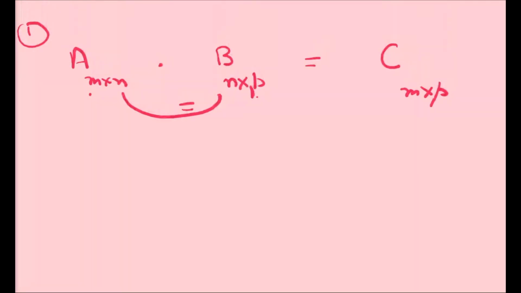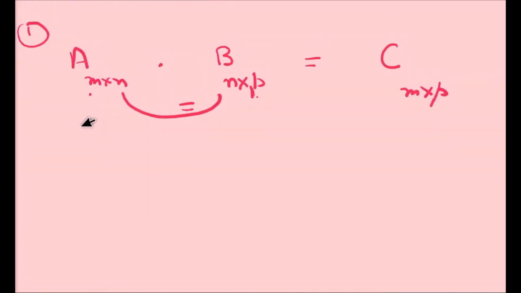Now what do you have to check, tell me? The number of columns of A should be equal to the number of rows of B, then we can find the product of order m into p.